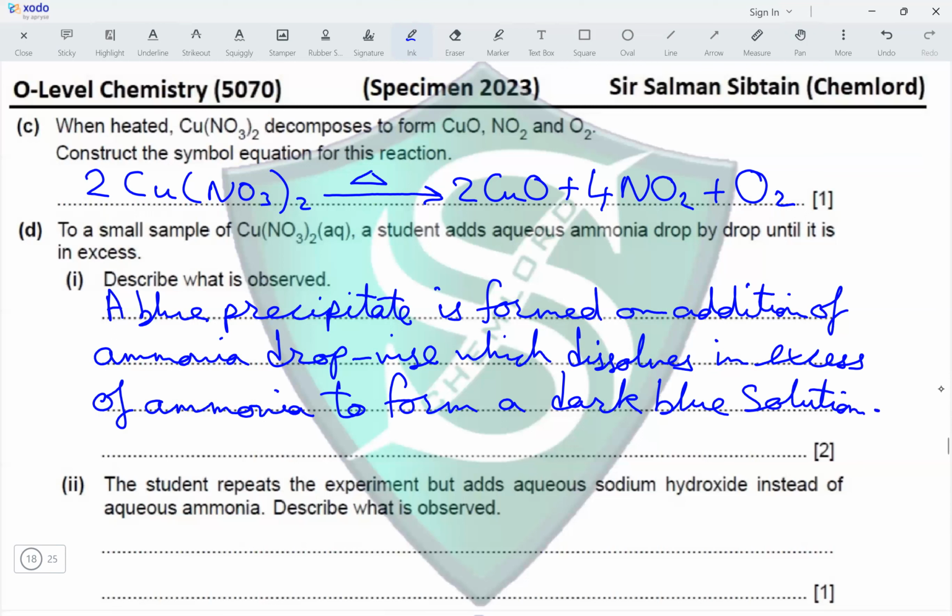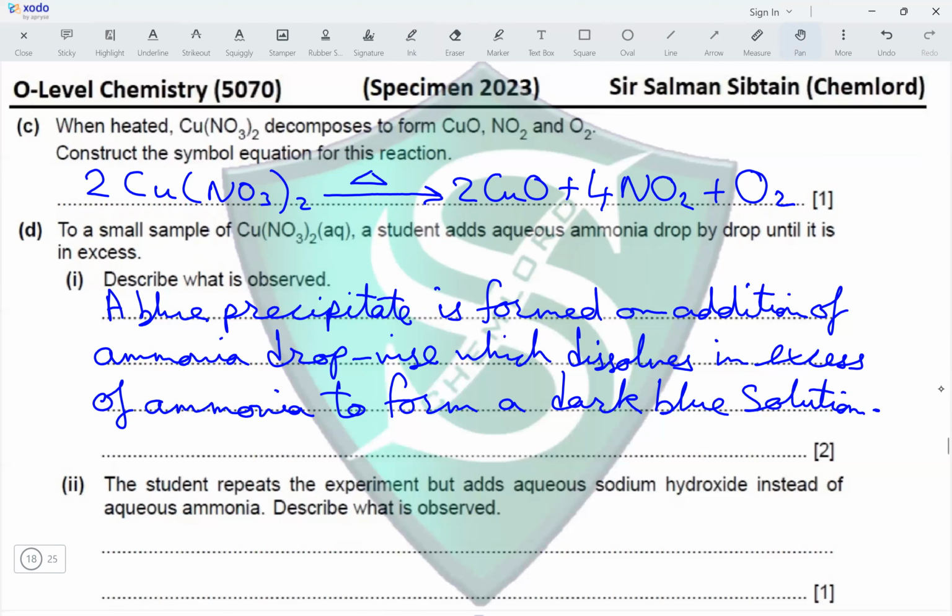So when ammonia is added dropwise, a blue precipitate forms, and when ammonia is added in excess, this blue precipitate dissolves and a solution is formed, and the color of the solution is dark blue, and it is also called deep blue, whichever you want to put.